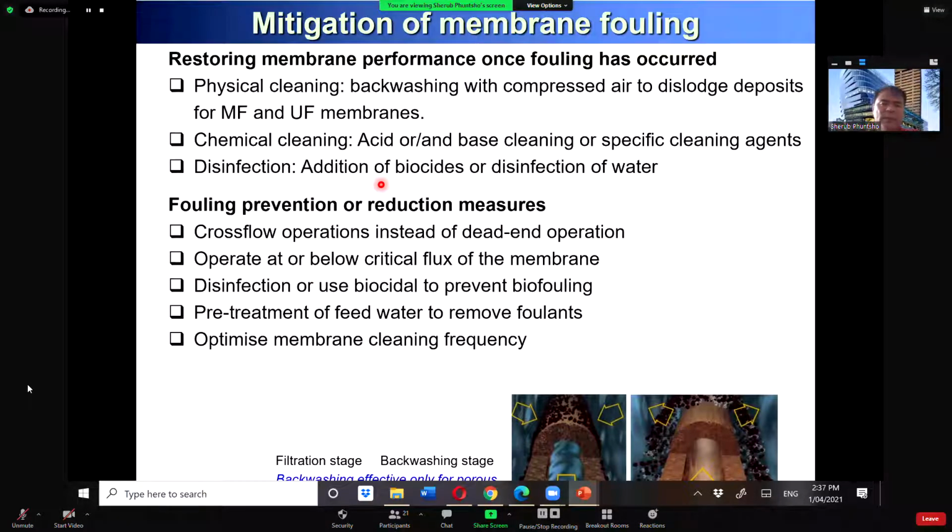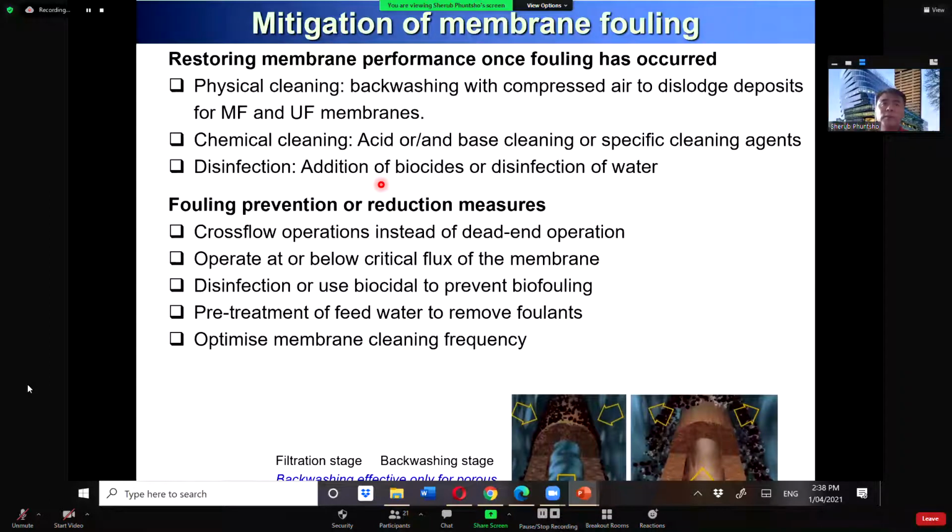There are many ways of solving membrane fouling. We try to backwash the membrane, especially in microfiltration and ultrafiltration. We can do backwashing, but of course we can't do that with reverse osmosis and nanofiltration membranes. For those, you have to do chemical cleaning. We have acid cleaning, base cleaning, and also special commercially available agents. Some companies formulate certain chemicals to wash the membrane specifically.